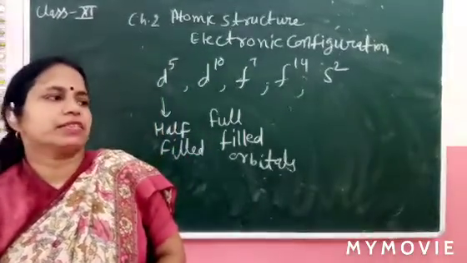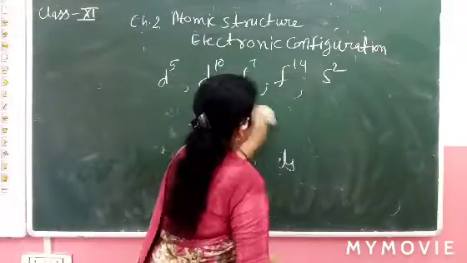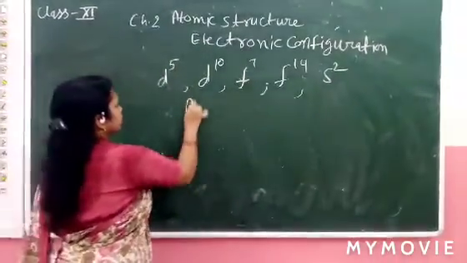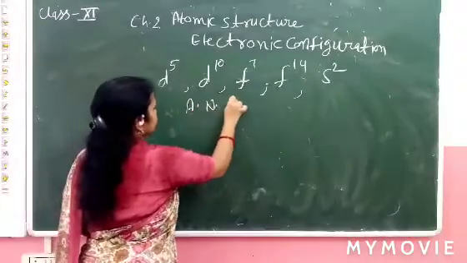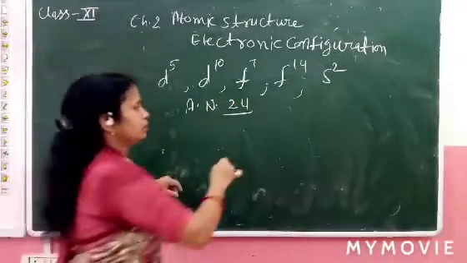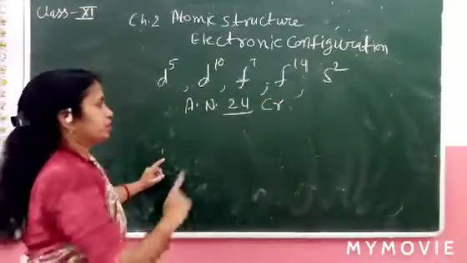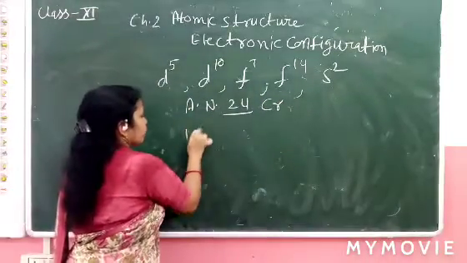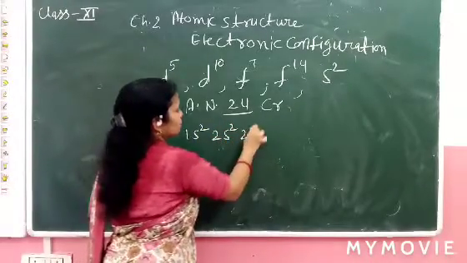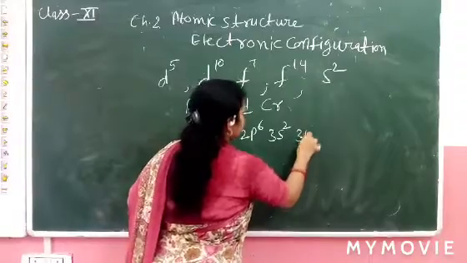We can take an example to explain this. The example is atomic number 24. What is the name of this element? Chromium. So how to write chromium? 1s2, 2s2, 2p6, 3s2, 3p6.